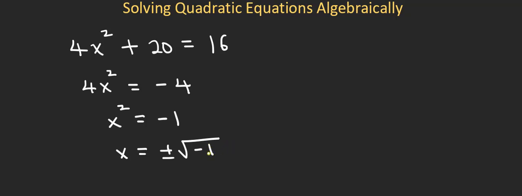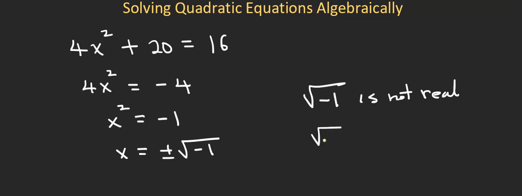Now notice, we have a problem here because radical negative 1 is not a real number. Actually, we're going to talk about it in another video. The square root of negative 1 is the same thing as i, which is imaginary. But again, we're going to talk about this in another video. This does not have real solutions.